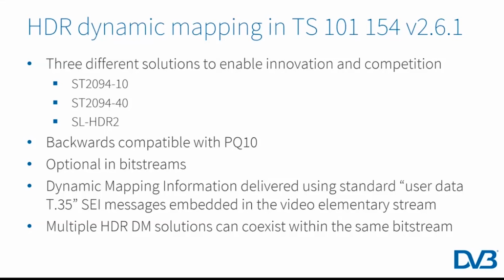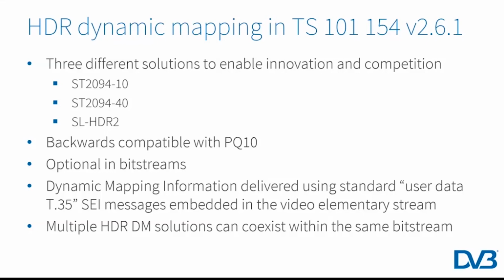Okay, sorry. So as I was saying, there were 3 dynamic mapping solutions on the market, and since more than one solution can be put into one elementary stream, DVB didn't see the reason to choose one of them.